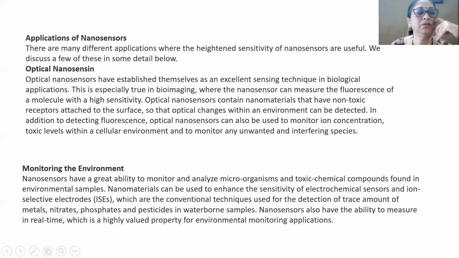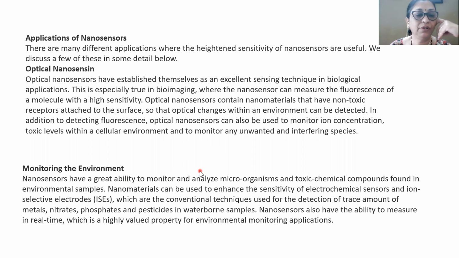Now let us go to applications of nanosensors. A number of applications of nanosensors are there. Optical nanosensors are also available. And there are nanosensors which are used to monitor the environment.